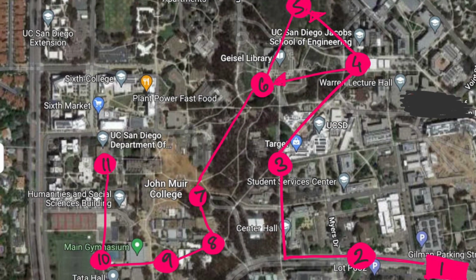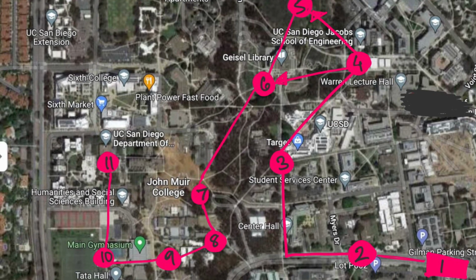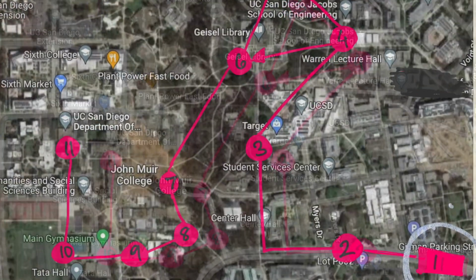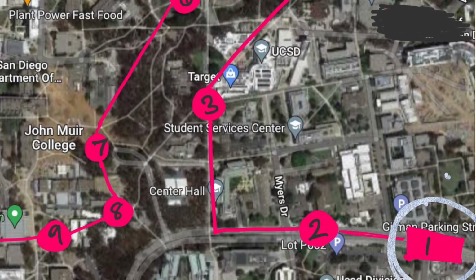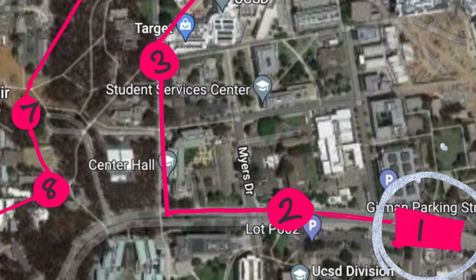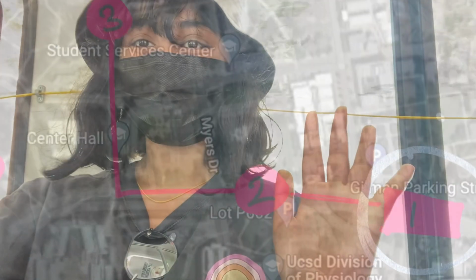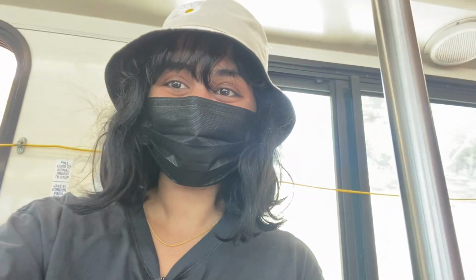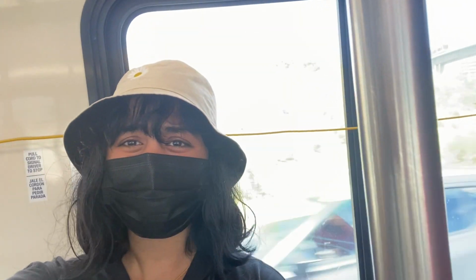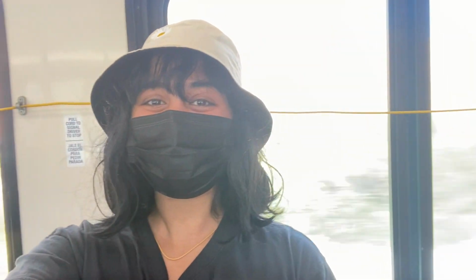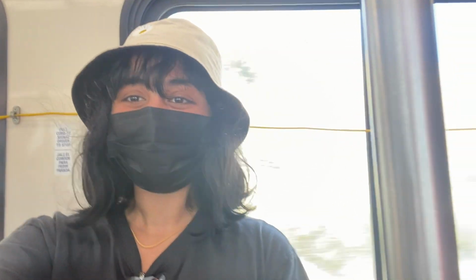So here's the general map that we will be using, and you'll become familiar with it soon. We'll be placing the first intermediate of glycolysis, glucose, in the bus. Hey everyone, so I'm on the bus right now heading to campus, and I'm going to be placing the first molecule we have in glycolysis, which is glucose, in this bus.